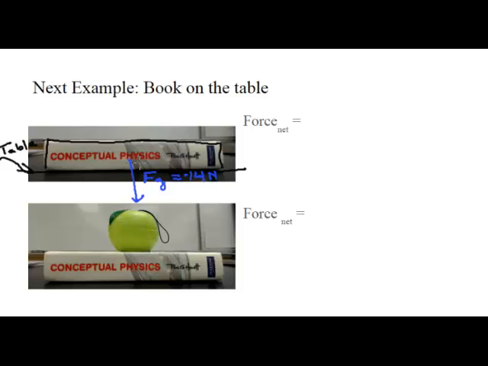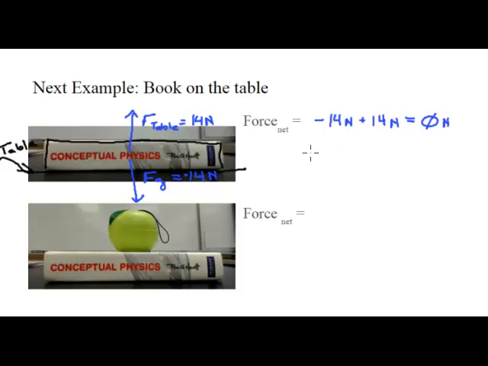Is there another push or a pull acting on this book? There is. The table is actually pushing up on the book as well. So the force table equals positive 14 newtons. And because it is not accelerating towards the center of the Earth, I can say negative 14 newtons plus 14 newtons, that's up, equals 0 newtons.